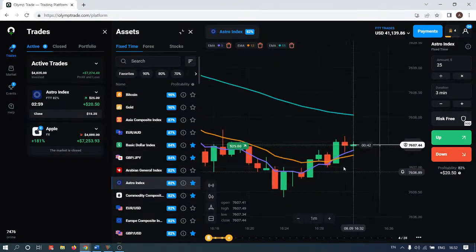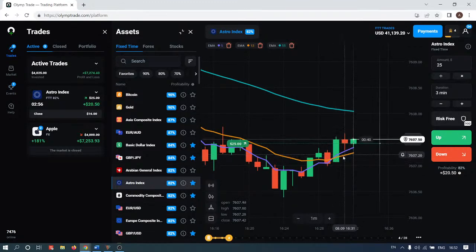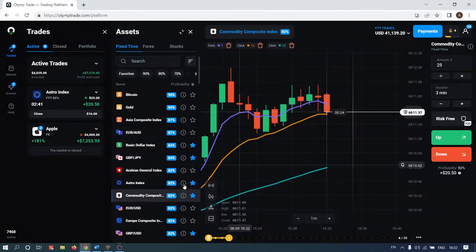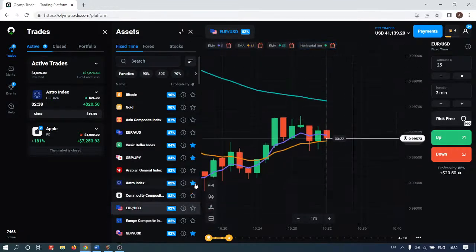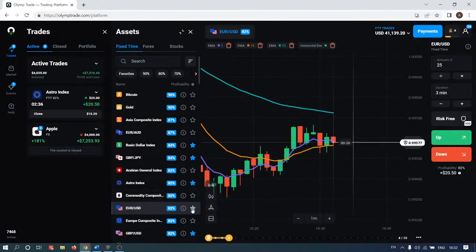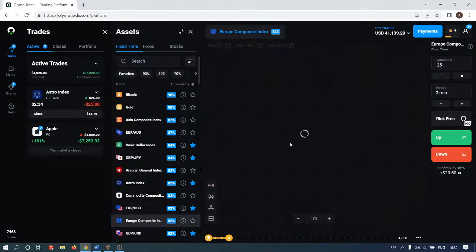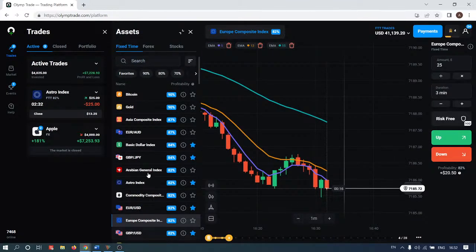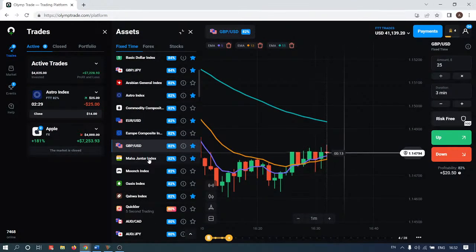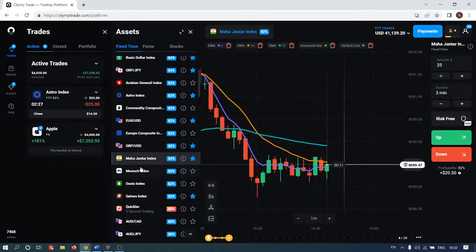Okay. One more trade here on Astro Index. So this trade is in the upwards direction, an up trade. This purple line or blue line crosses the orange line. Very simple, very exact, very concrete, very precise moment. So you don't really have to be guessing whether it is the moment to open a trade, because sometimes, for example, in range-bound markets, you keep thinking: do I open trades now?